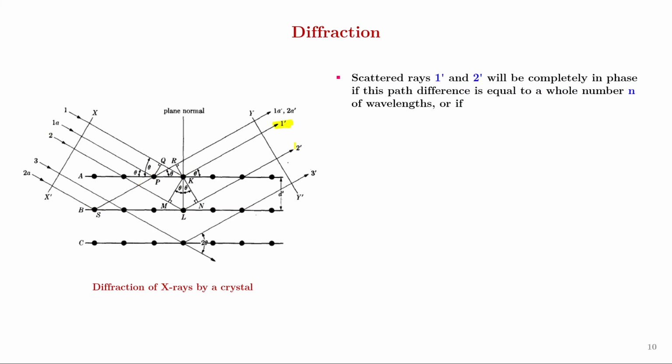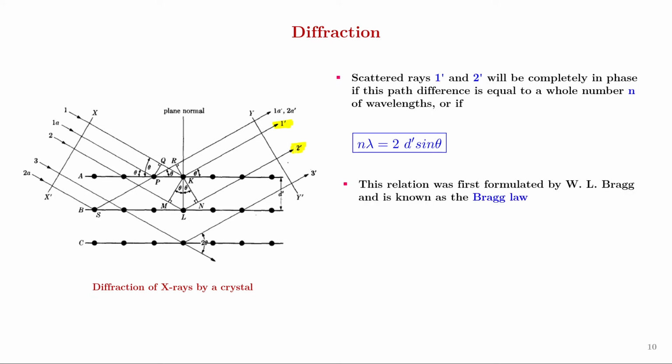Scattered rays 1' and 2' will be completely in phase if this path difference is equal to a whole number n of wavelengths, or if n lambda equals 2d' sin theta. This relation was first formulated by W. L. Bragg and is known as the Bragg law.